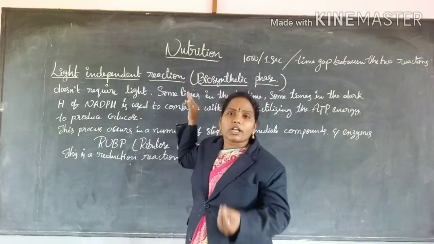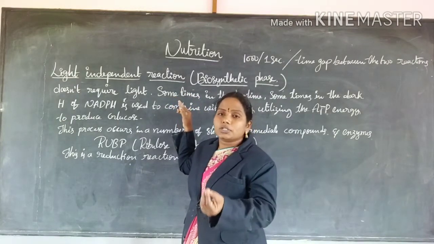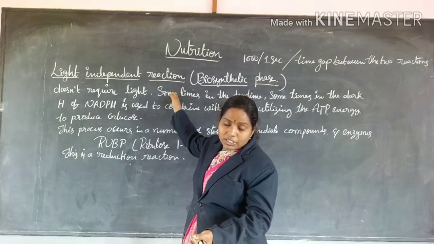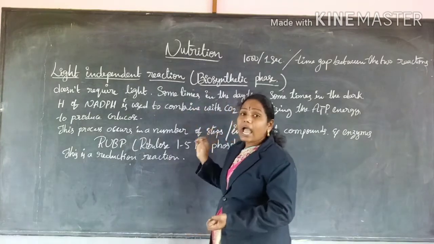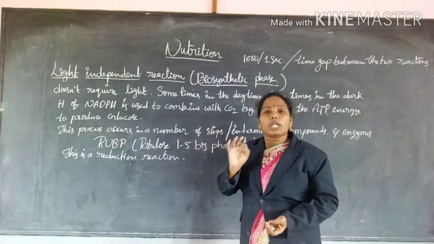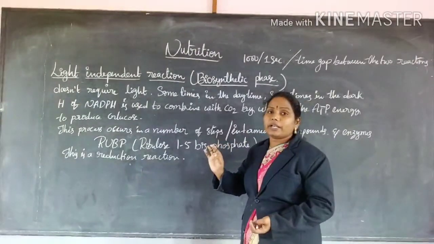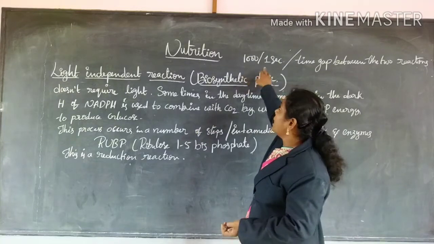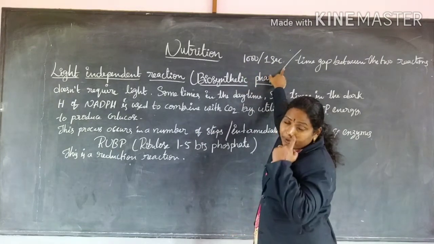Light is not necessary. If there is light also, plants can do this dark reaction or light independent reaction. And the gap in between the two reactions, the light dependent reaction and the light independent reaction, is 1,000th of a second.